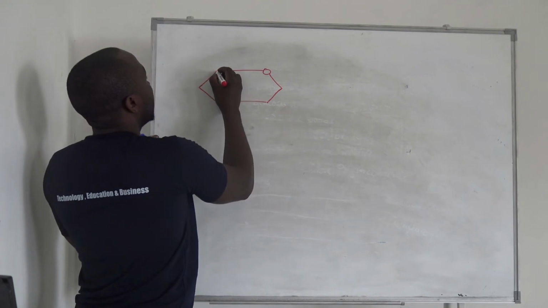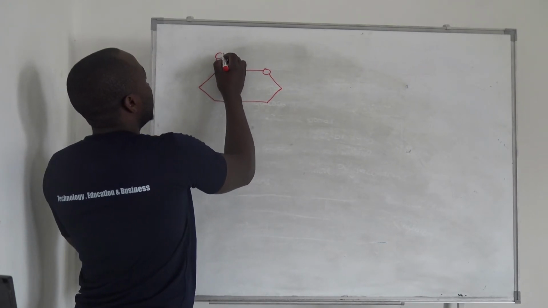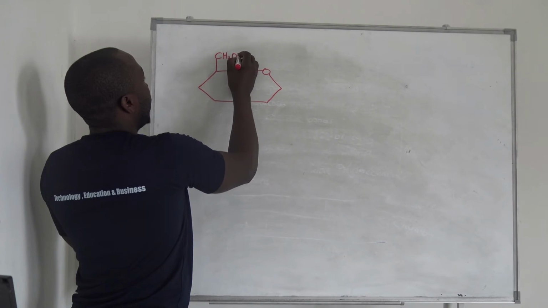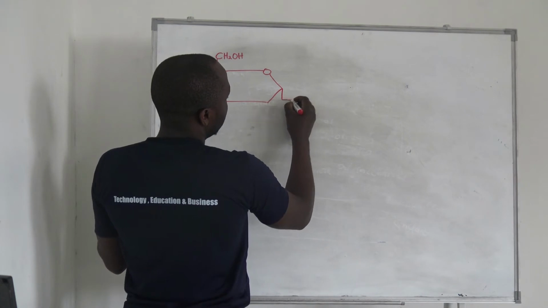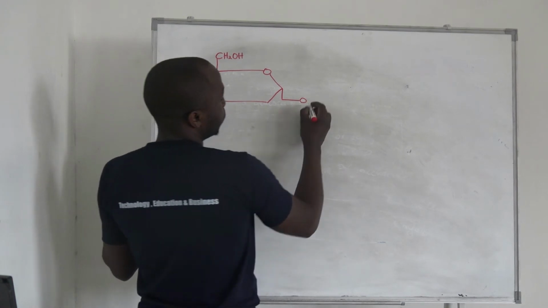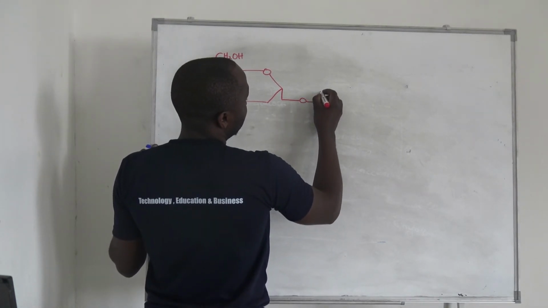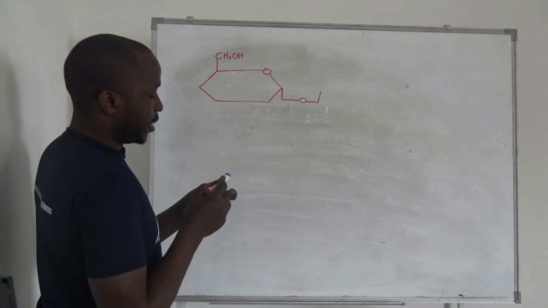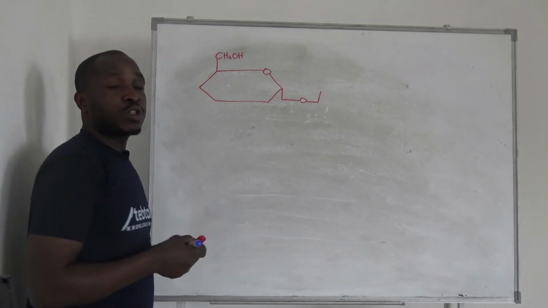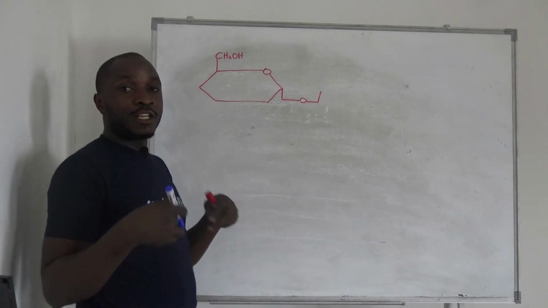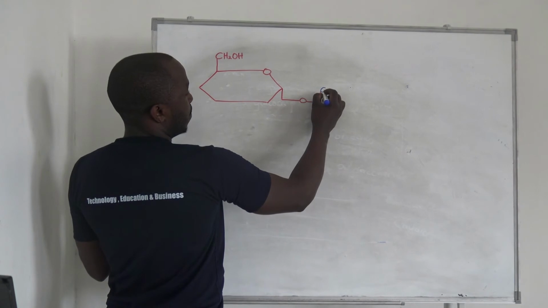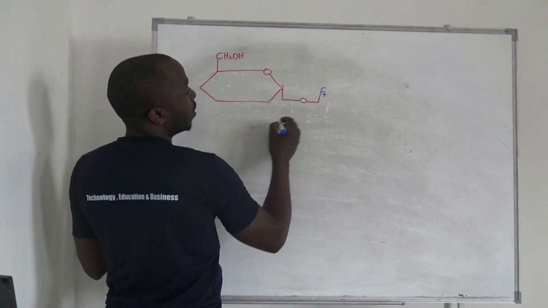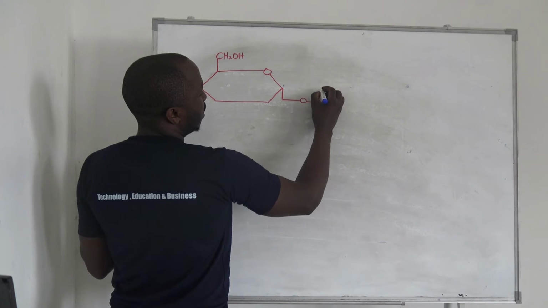So allow me to draw it like that, and I put this CH2OH there. Then, if it is a 1,4 glycosidic bond, it is here, oxygen, like that. I'll use another color so that we can illustrate better how the glucose units are arranged inside the polysaccharide chain. So this carbon atom is number 4, this is carbon atom number 1.